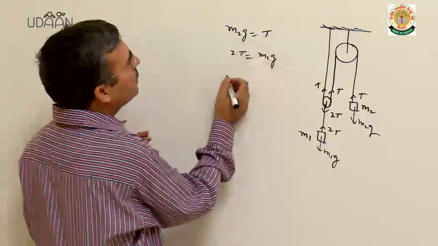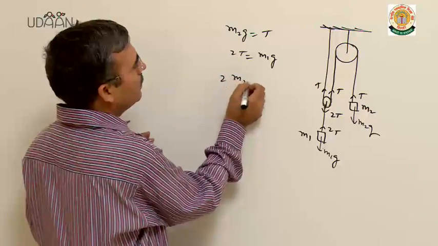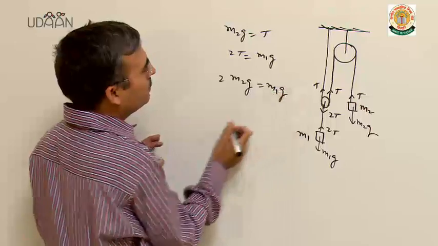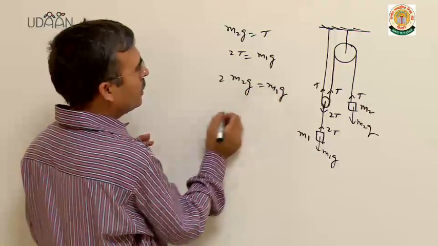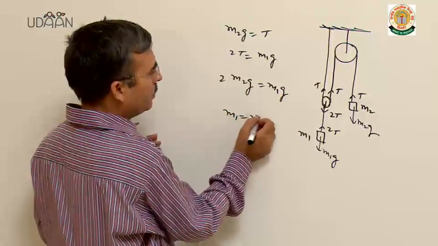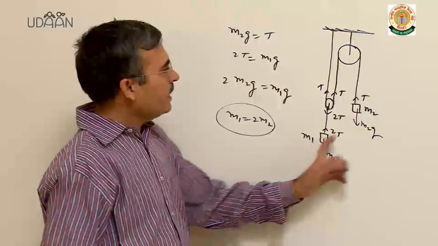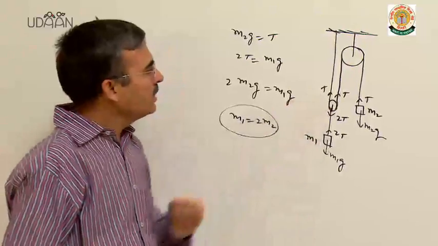M1G. T की वैल्यू रख दीजिए यहाँ पे. 2M2G इक्वल टू M1G. सो क्लियरली M1 equal to 2M2. If M1 is equal to 2M2, system will be in equilibrium.